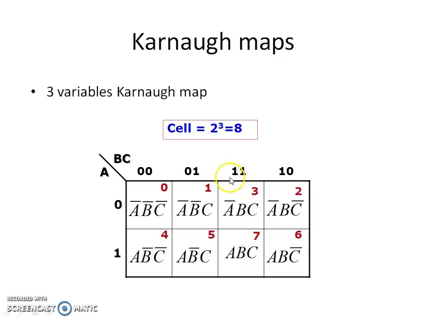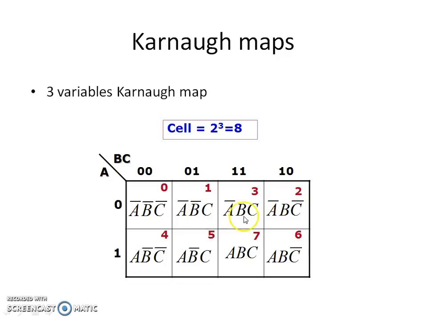Why do we go for it like this? We want to group 2 adjacent cells, that is, this cell and the next cell. We want to ensure that there is only one variable difference.